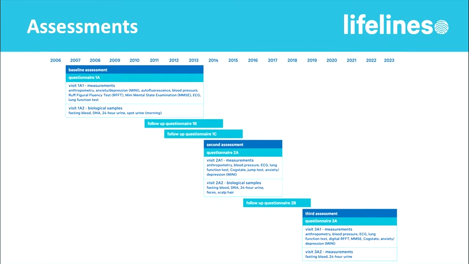Then we followed up with questionnaires 1B and 1C at a regular interval, which eventually led to the second assessment, in which participants again came to our location for measurements. And now we're currently in our third assessment round, in which we're again inviting participants to come to our location for the measurements and the biological samples. And this will continue till 2023.